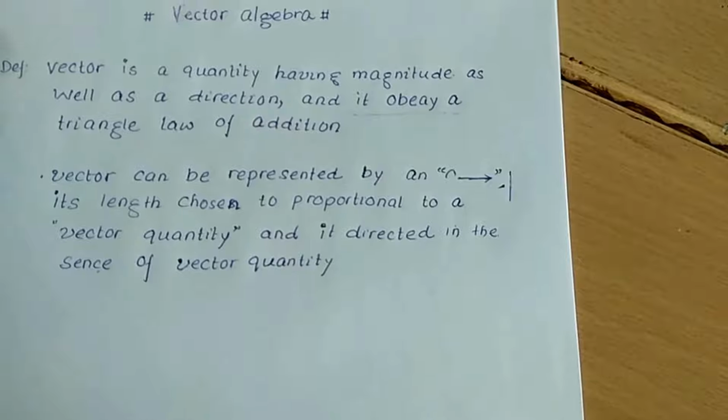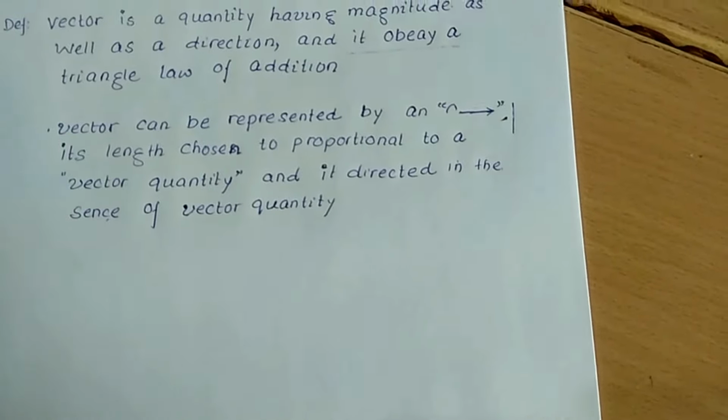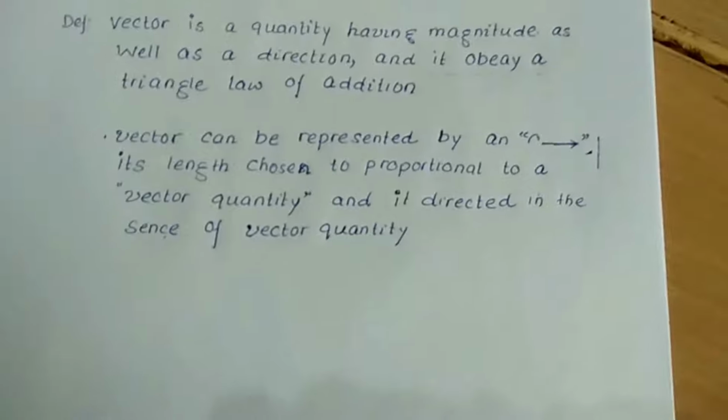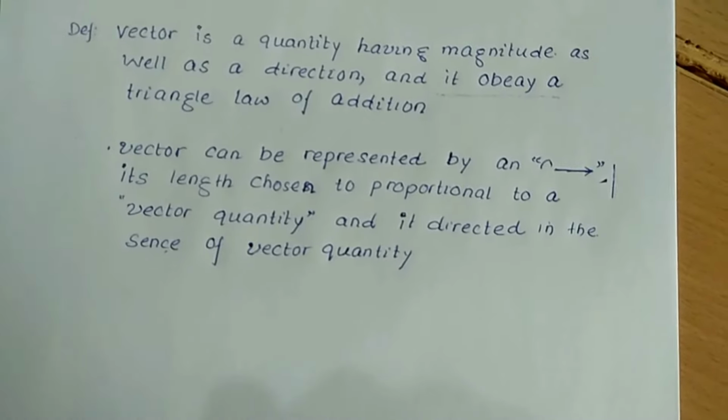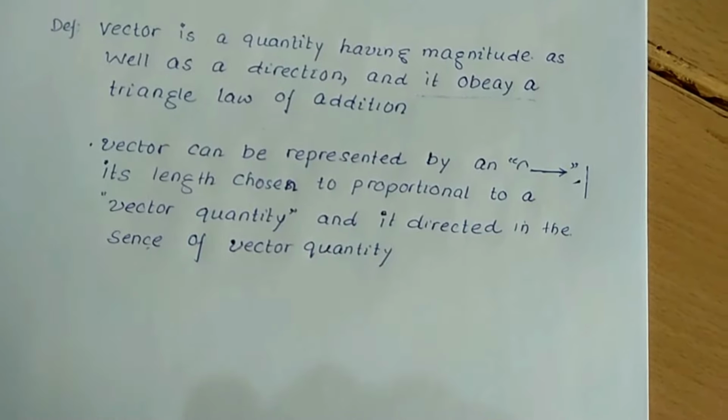A vector can be added to a vector, not to a scalar. So vector addition means addition of at least two vectors. Basically we add vectors by the triangle law.